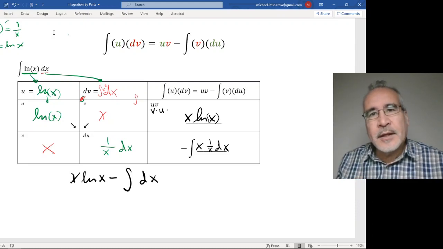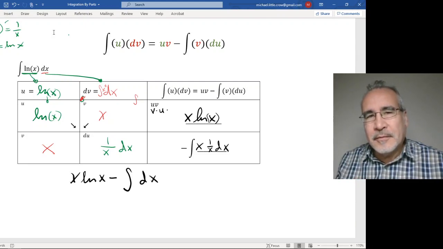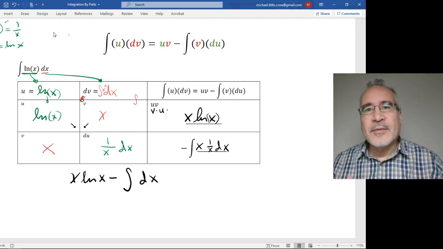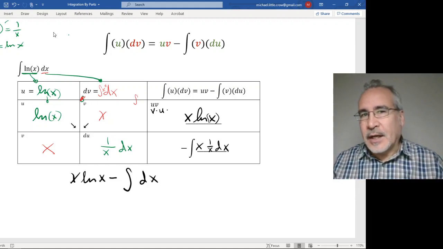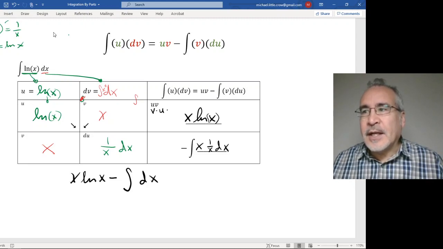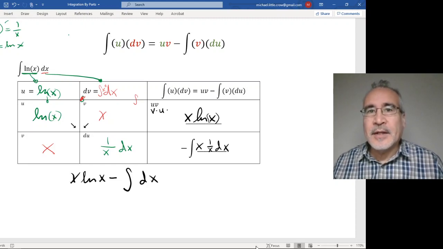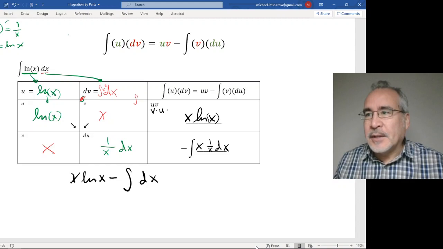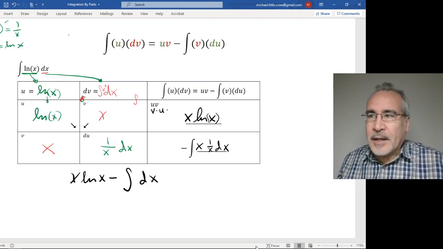Now you might think we're done, but we're not. We still have a part to integrate, and that's what integration by parts is. It's usually several steps. I don't think any of our problems will have it, we'll see, but this may have to be done by integration by parts a second time, and then maybe sometimes a third time and a fourth time. So you might need to keep doing this.